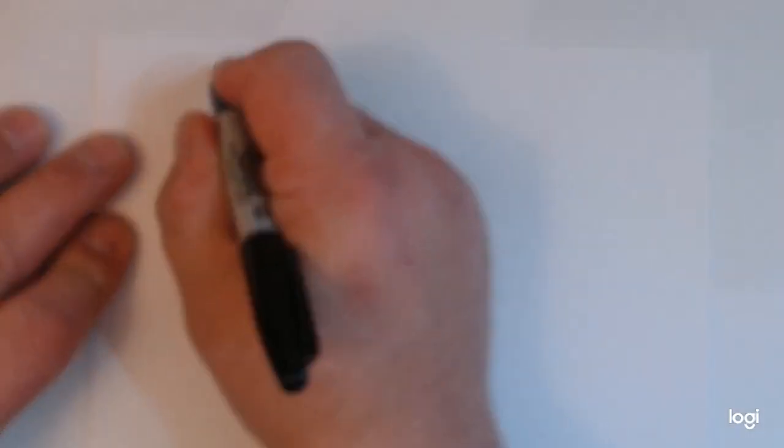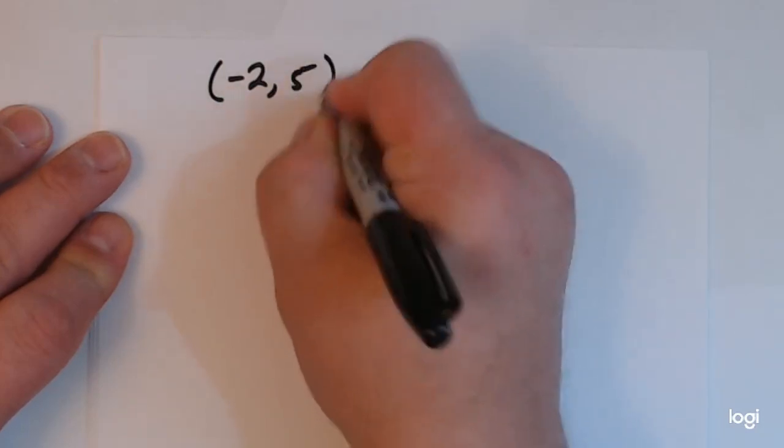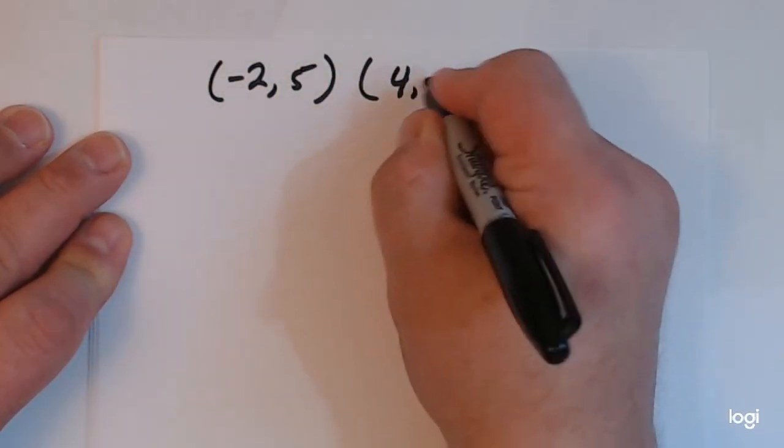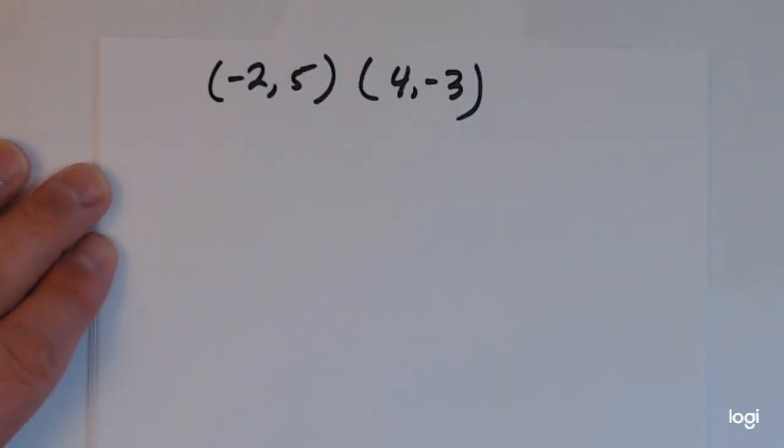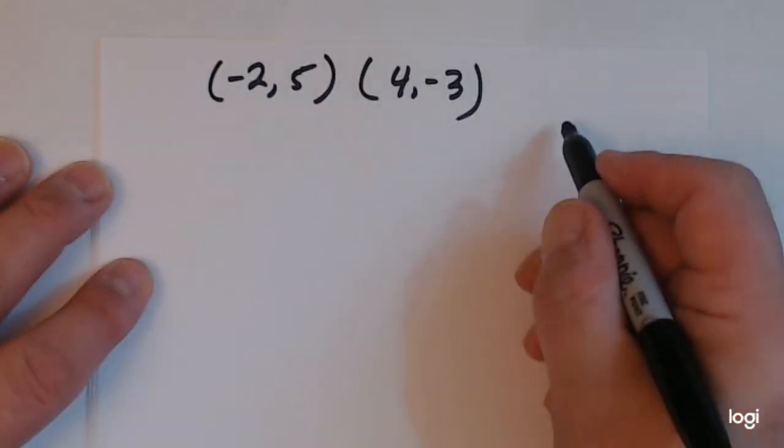So let's go ahead and do some more problems. All right, how about negative 2 comma 5 and 4 comma negative 3? So first we're going to find the midpoint, then we're going to find the distance.